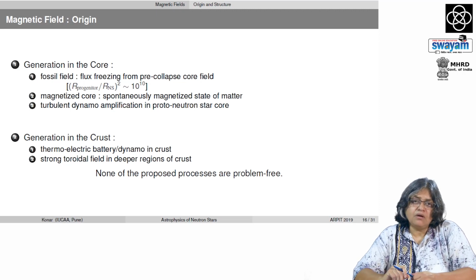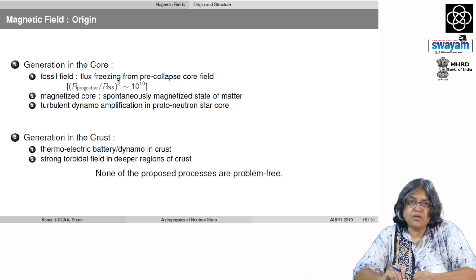If we want to talk about the origin of the magnetic field, from where such a strong field came about, we have to admit at the very beginning that we really do not have any consensus on this issue.